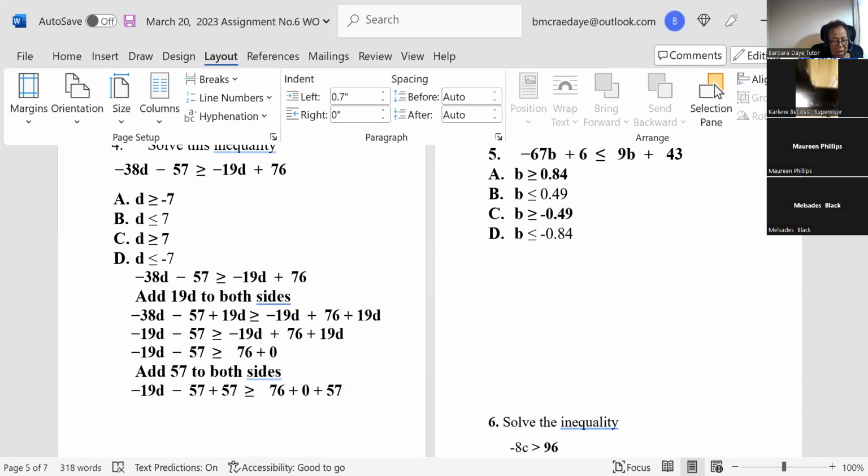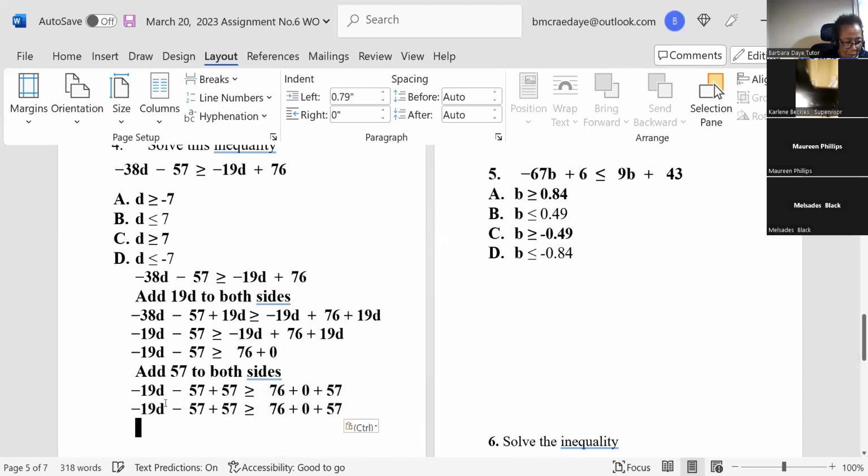Okay, Mercedes, what do I have left on the left side over here? You have minus 19D, right, because minus 57 and plus 57 is what? Mercedes, say that again, please. A minus 57 and a plus 57 gives you what? You get a 0 there.